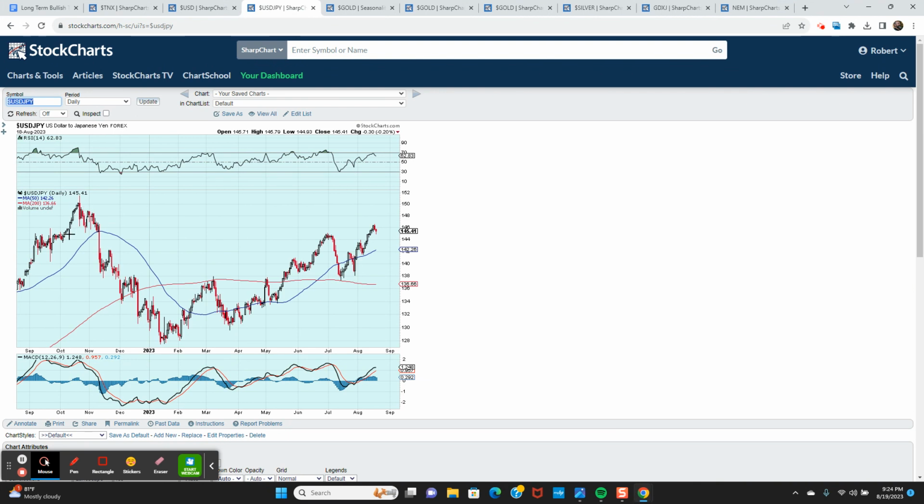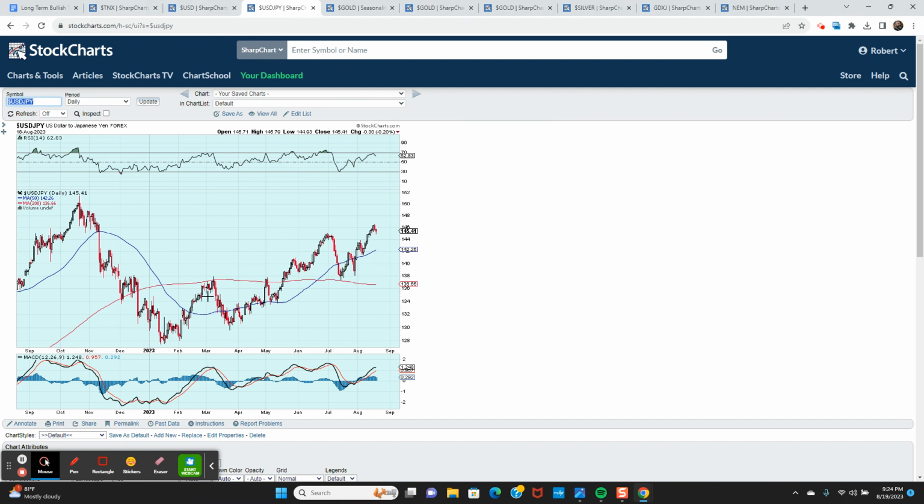And look at what happened. Dollar yen was all the way up to 150, and they dropped it all the way back under 130 by January. Well, now look at where the Japanese yen is now. We're at 145.41. So the yen has weakened substantially against the dollar since January.